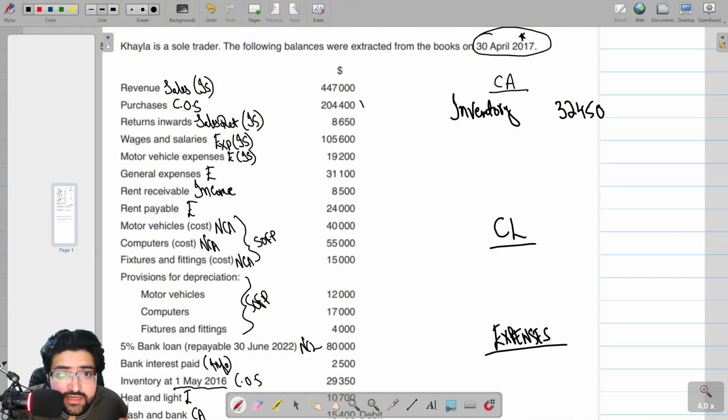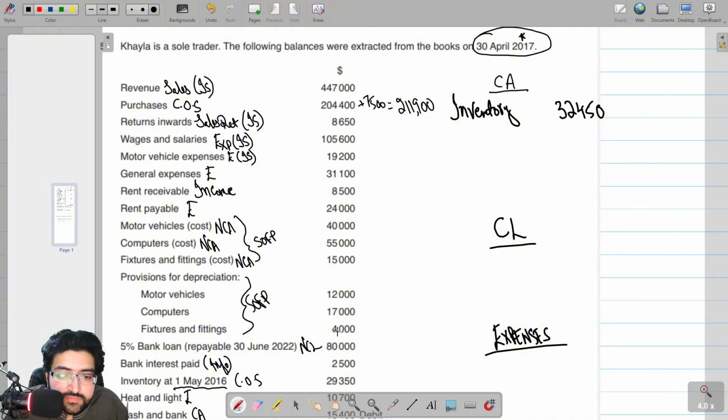I will add 7,500 to this, and I will get the new value of purchases, which is, let me calculate. Always use your calculator. So this value will become 211,900. This is the new value of purchases, which I will use in the income statement cost of sales section.